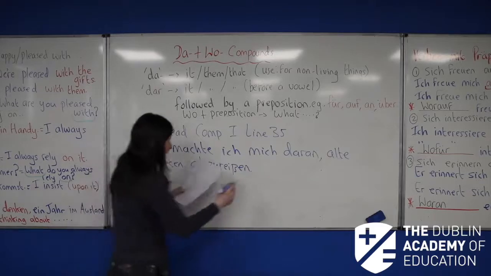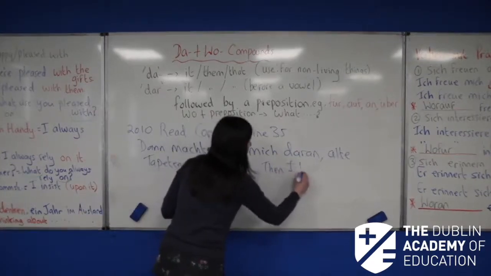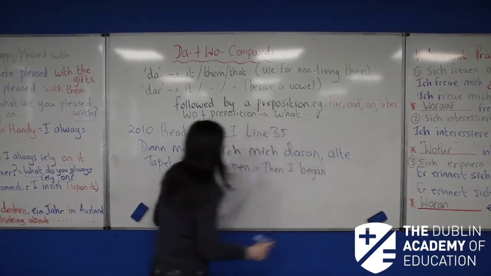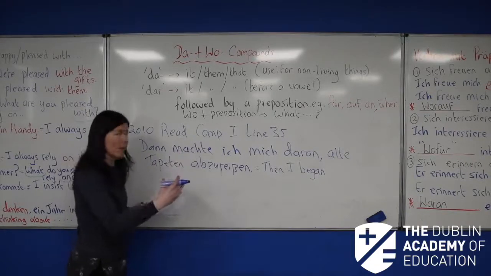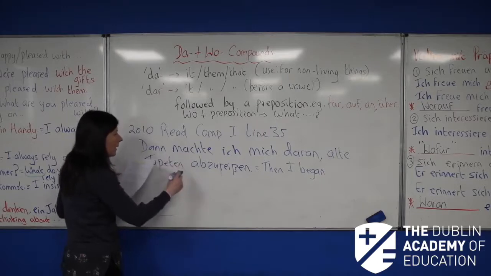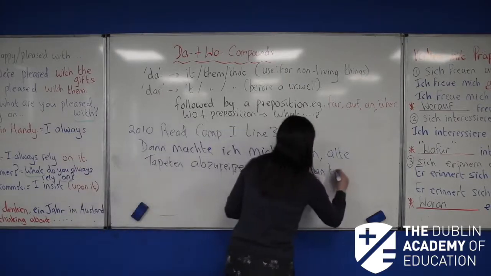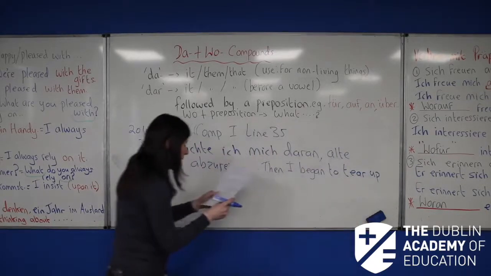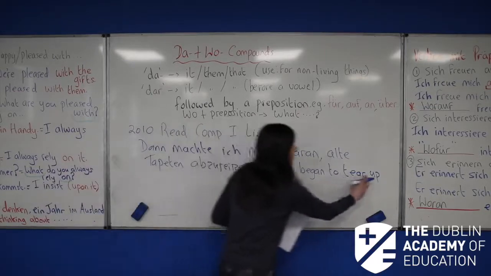Okay, so that means then I began to. So would you know that verb? In the infinitive that would be sich an etwas machen. So that's what it was: machte ich mich daran, alte Tapeten abzureißen. Then I began to, I suppose, tear up or tear off old or strip off old wallpaper. That should be off.